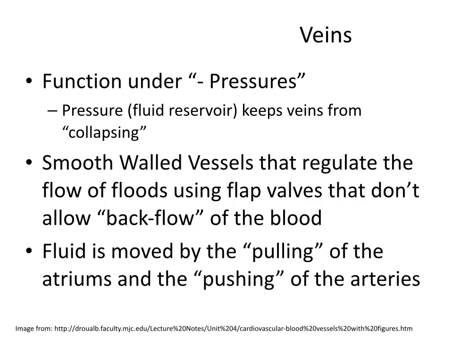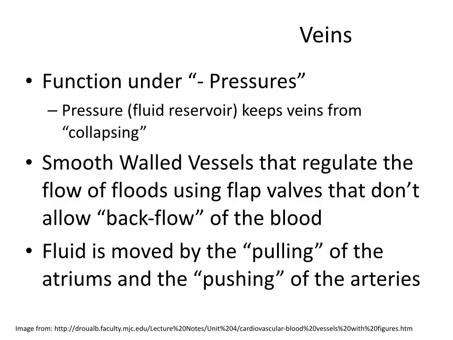This is where, when you take a blood draw, you have to worry about collapsing of veins, because if you change the fluid pressure within a certain area, the vein will actually close in on itself because there's no actual internal vessel pressure occurring. The only pressure that occurs is from the fluid.